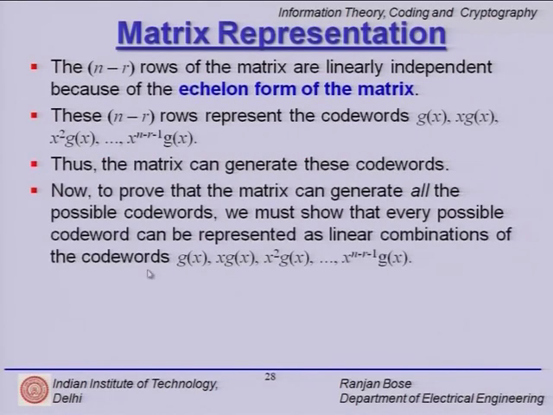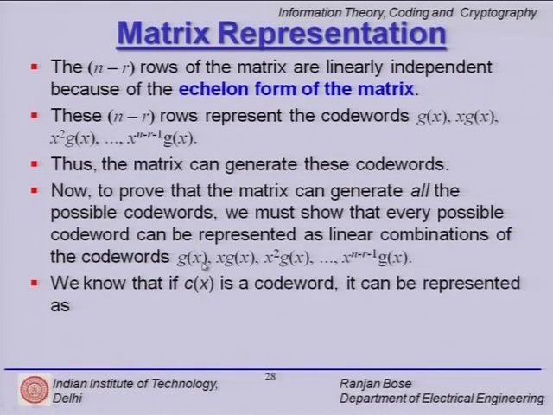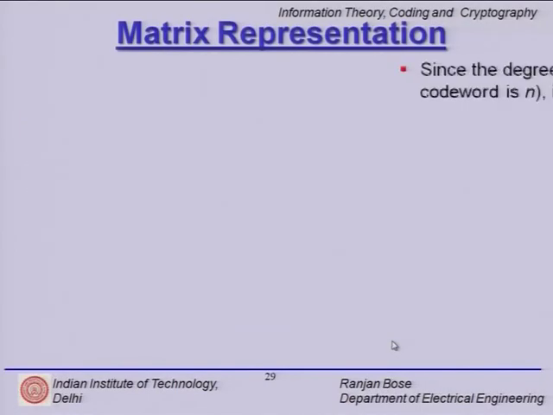We can write that g of x is valid, x g of x is another valid code word, x square g of x is a cyclic shift by 2, and so on, and the sum of any two of them is also a valid code word. So, indeed g of x and all of its cyclic shifted versions which form the rows can generate the entire code space. So, indeed we have c of x equal to q of x times g of x for some polynomial q of x.